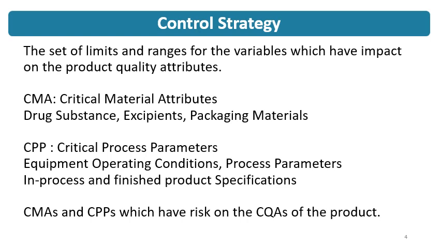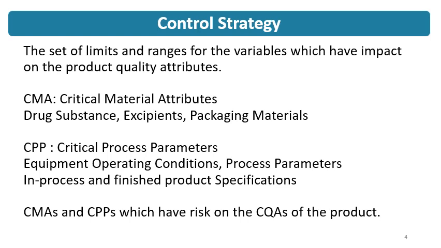So there are the limits, there are the ranges in which if the materials are used, then in these ranges the materials will not impact onto the CQAs and the product will have the desired quality.